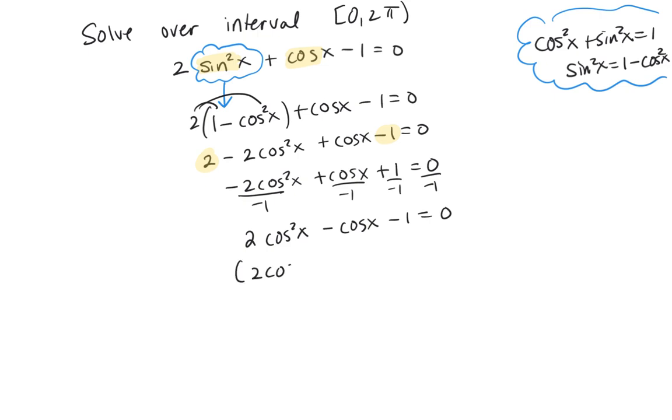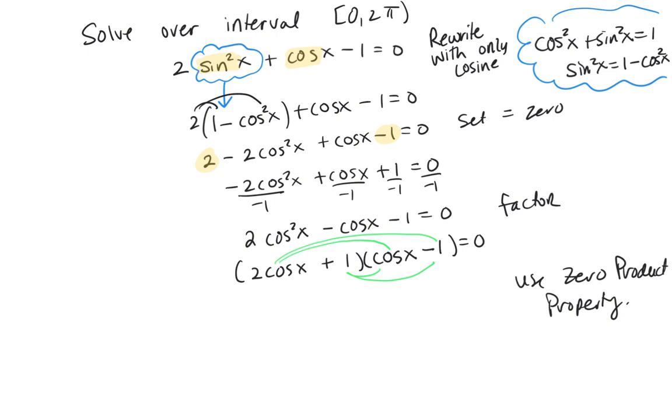Let's see, to get 2 cosine squared x, we would need to have 2 cosine x times 1 cosine x, or just plain cosine x. To get a -1, we need 1 times -1. We'll make that outer one negative, so when it gets multiplied by that 2 cosine x, we'll end up with that negative cosine x in the middle, which is what we want.